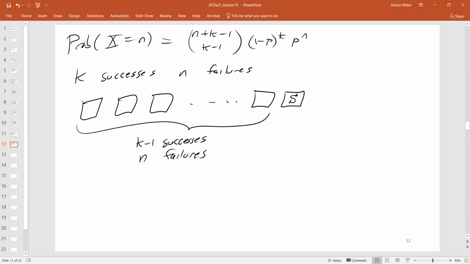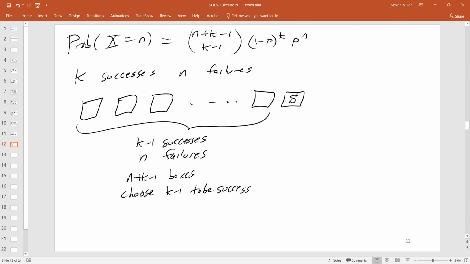And any of those strings is equally likely. How many spots are there? How many ways are there to choose which of the boxes get a success? It's easier than cookies. We have N plus K minus 1 boxes. Choose K minus 1 to be successes.